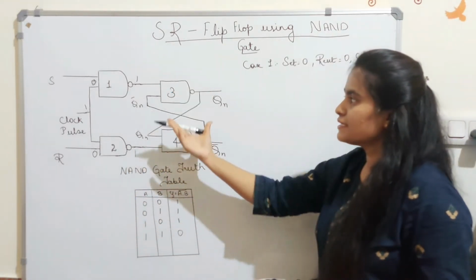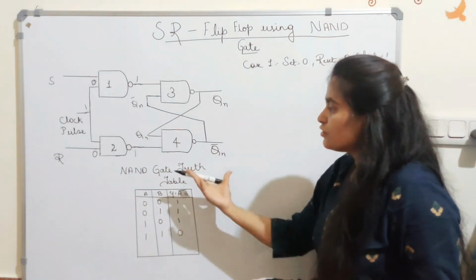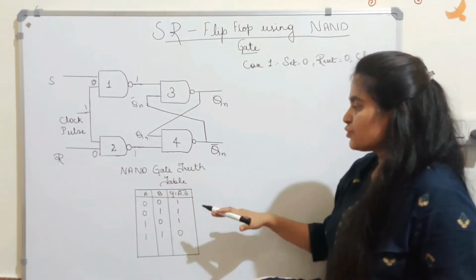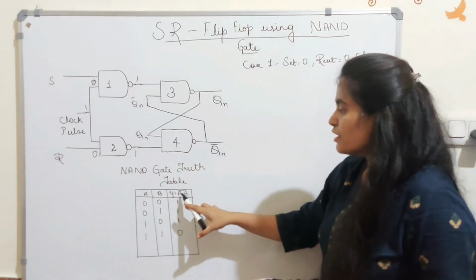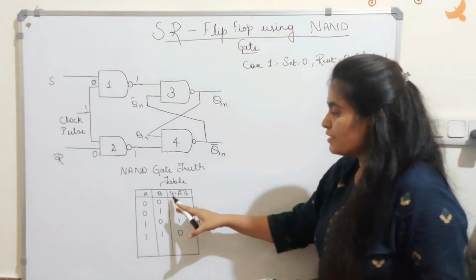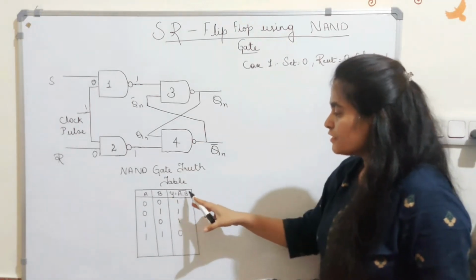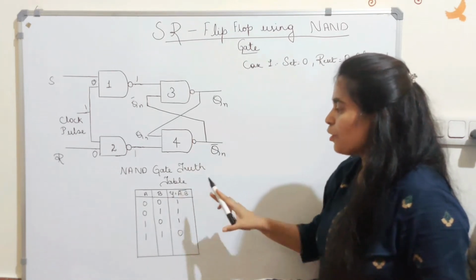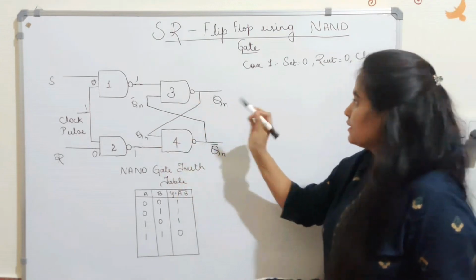Now let's analyze the latch. Before we proceed with the latch, just take a closer look at the NAND gate truth table, where the expression is Y is equal to (A into B) complement, where Y is the output, A is the first input, and B is the second input. The first and second inputs are multiplied and complemented. I am applying this expression for the third NAND gate.